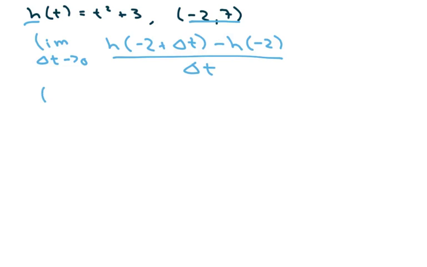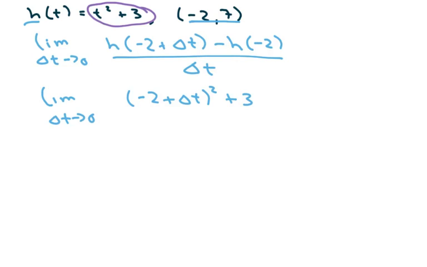And then we have the limit as delta t approaches 0. And you just plug everything in. So we have negative 2 plus delta t squared plus 3. I just wrote it down and plugged this into the t. Then subtract your h of negative 2. h of negative 2 is 7, all over delta t.